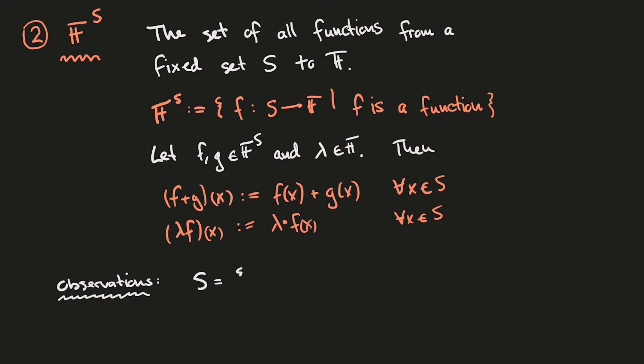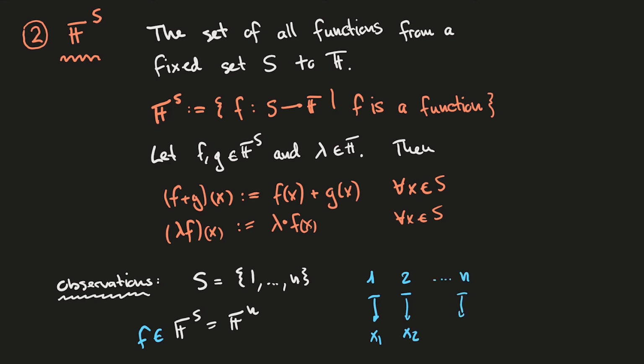Similarly, if we let S be the set containing the numbers from 1 to n, then F^S is actually the same thing as our vector space F^n. We can see this as follows. So F^S contains functions f from S to F. So f will map the element 1 to an element of F, x1, and the element 2 to an element x2, and so on, up to n, which gets mapped to some element xn.